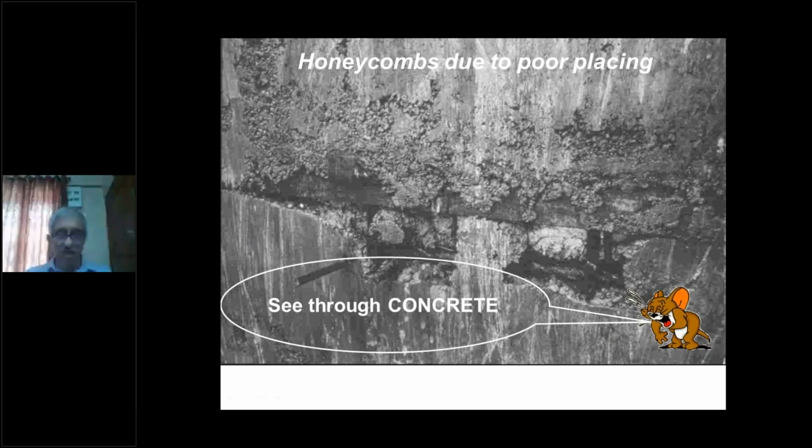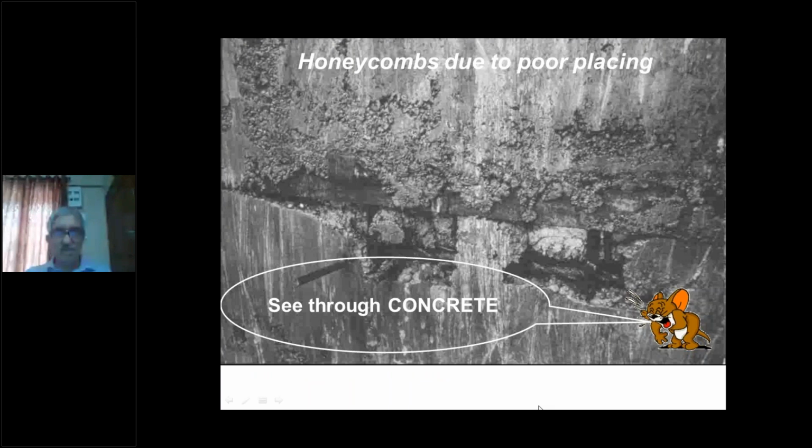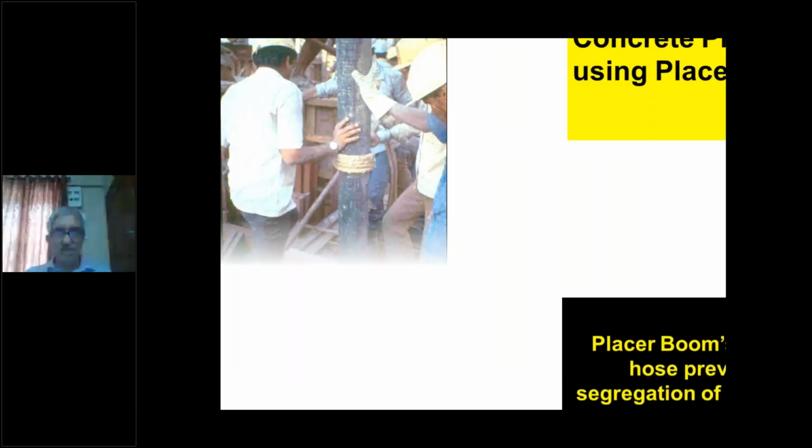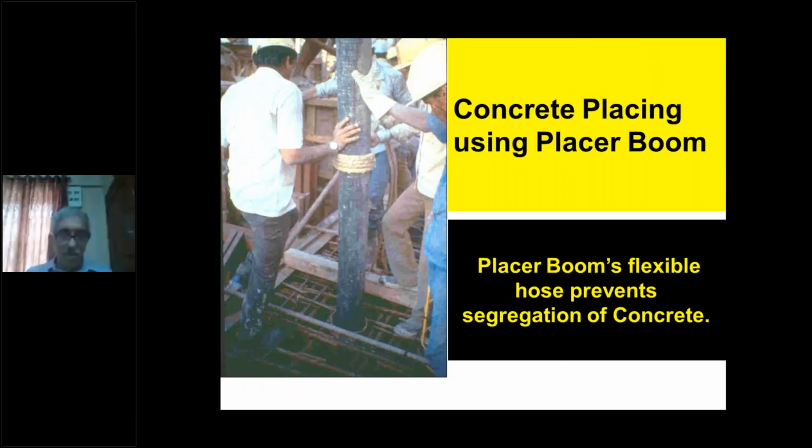Yes, we did one unit number 5 PG deck in a very poor manner, and all these photographs are from that. But when we did the next project, we made sure that the bars are properly bunched. There is enough space for the placer boom holes to go right down to the bottommost bars without segregating the concrete.